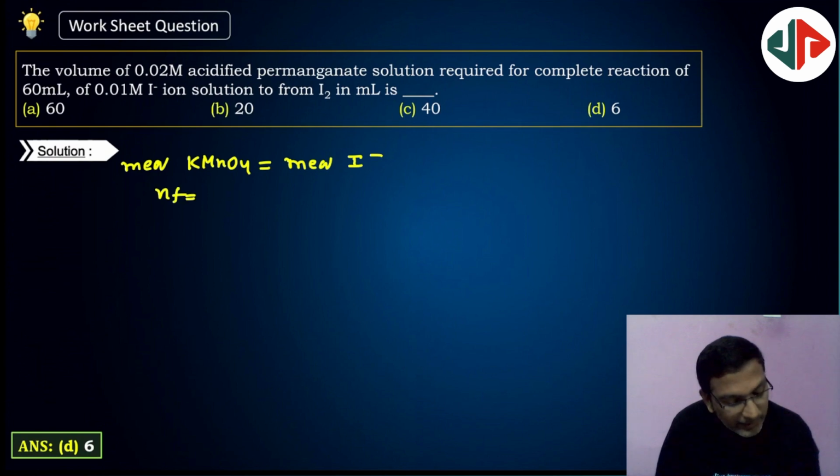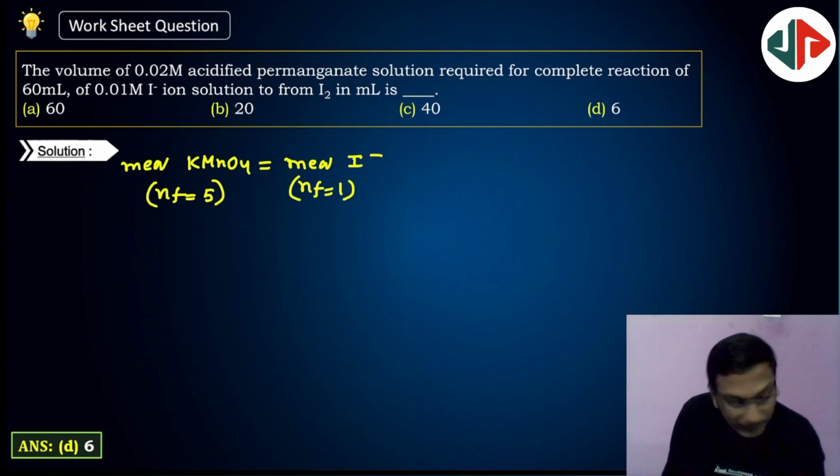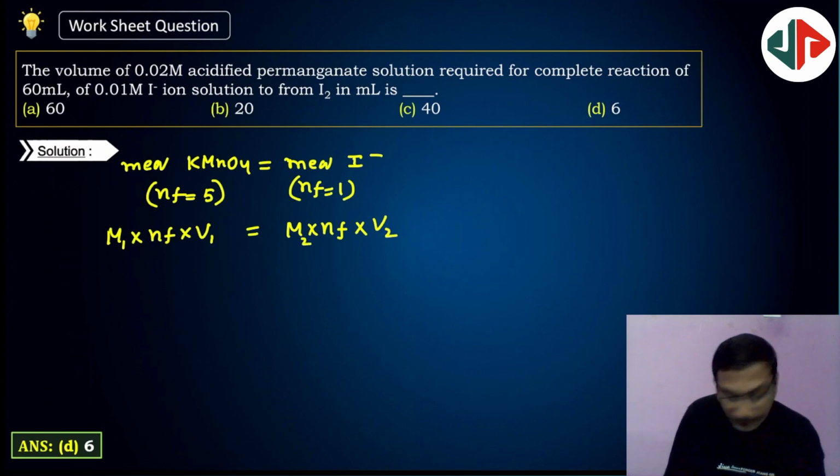N factor in acidic medium is 5, and here N factor is 1. Molarity into N factor into volume, M1 V1, equals M2 V2.